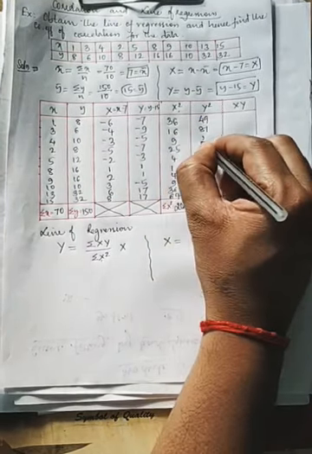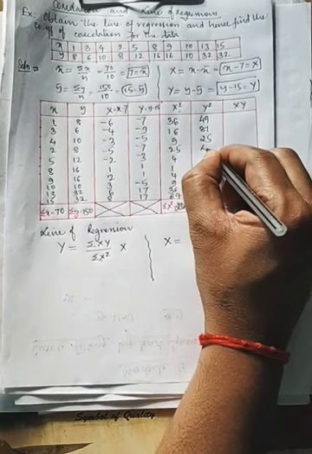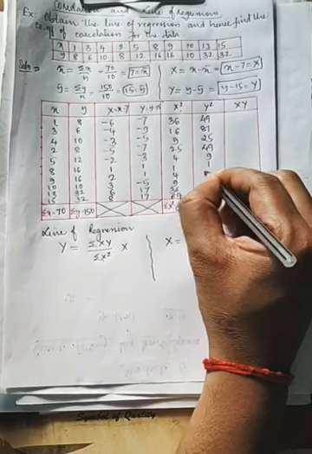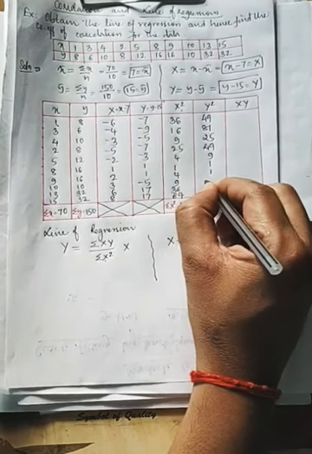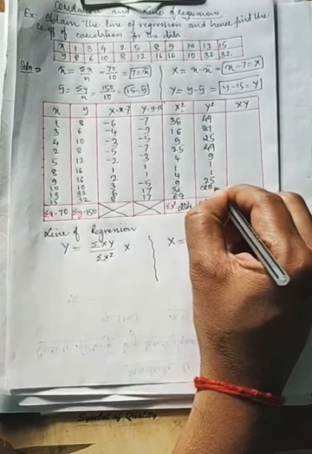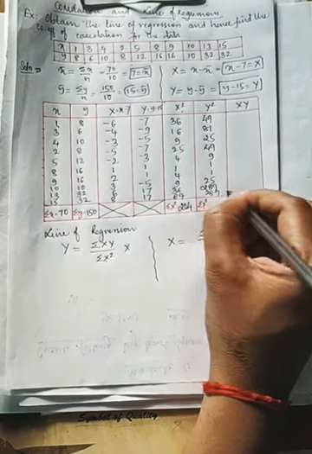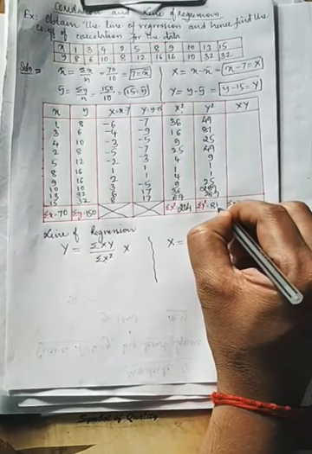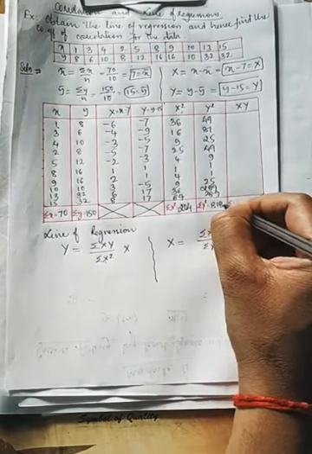Then minus 5 square, 25. Minus 7 square, 49. Then minus 3 square, 9. Then 1 square, 1. 1 square again, 1. Then minus 5 square is 25. 17 square is 289, and again 289. Then summation of all these values is 818.